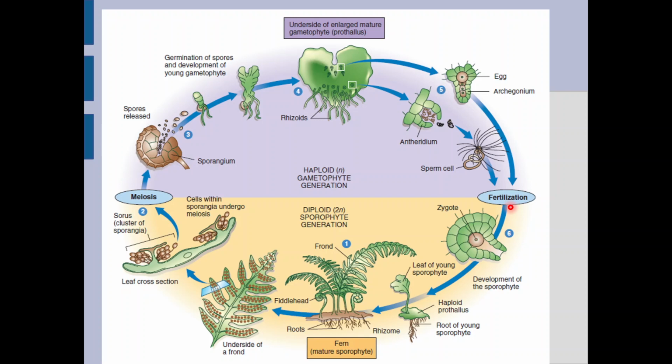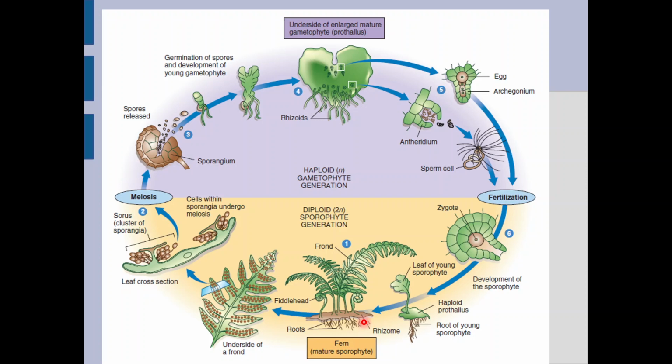The neck of the archegonium provides a passageway from the archegonium surface to the egg. After a sperm cell fertilizes the egg, a diploid zygote grows by mitosis into a multicellular embryo, that is an immature sporophyte that will later develop into the mature sporophyte.